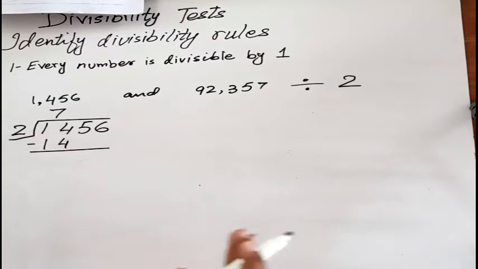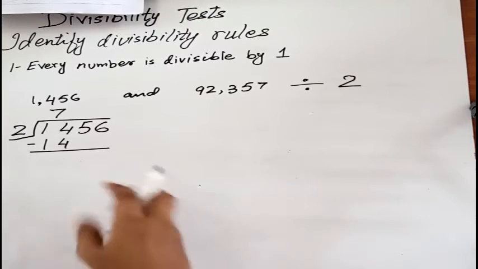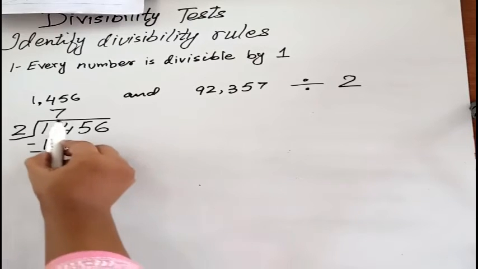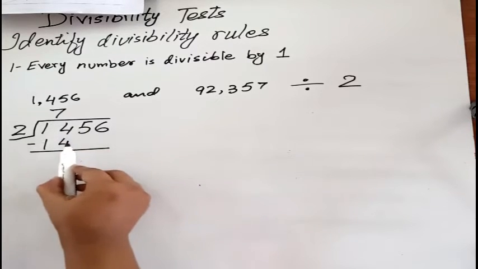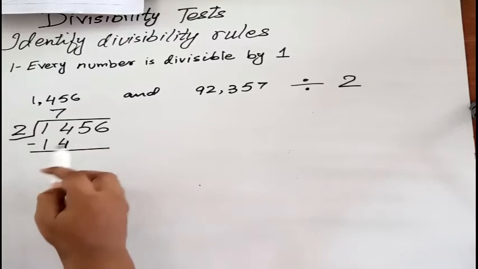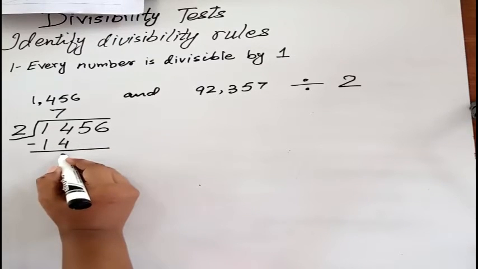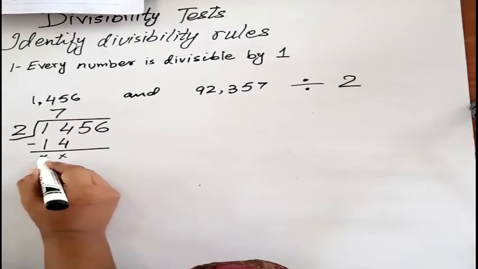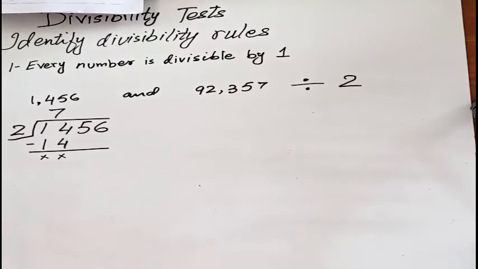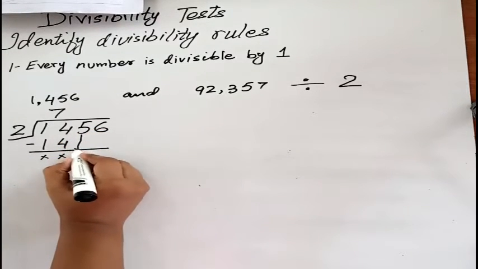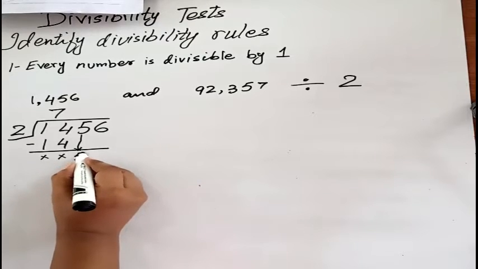As I told you, always start solving the sum from the right side. So we are working on this number. 4 minus 4 is 0. 1 minus 1 is again 0. Next we will take this 5 down over here.